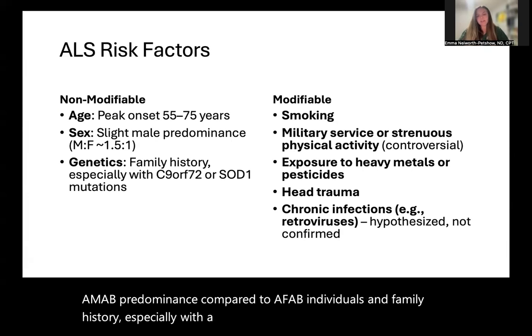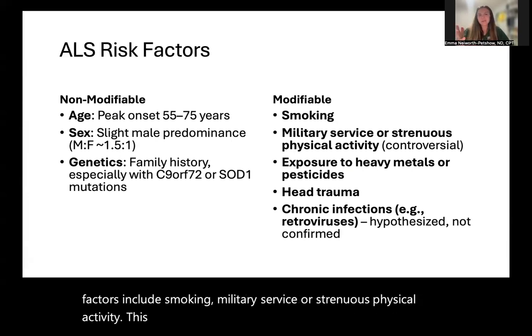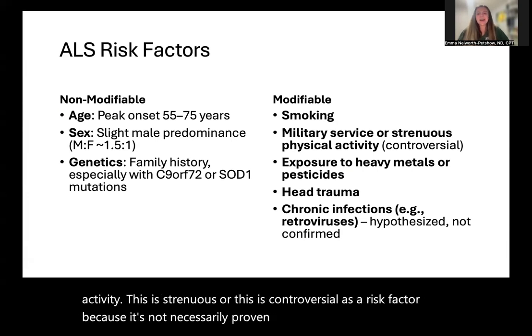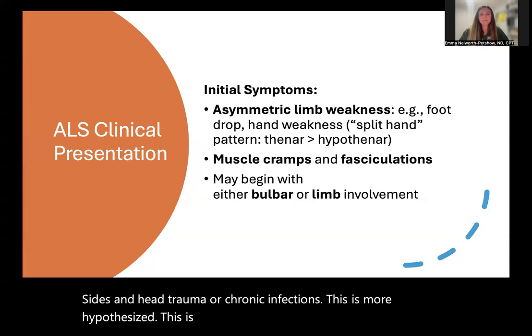Some modifiable risk factors include smoking, military service, or strenuous physical activity. This is controversial as a risk factor because it's not necessarily proven, it's just a correlation. Exposure to heavy metals or pesticides and head trauma or chronic infections are more hypothesized. This is not confirmed.